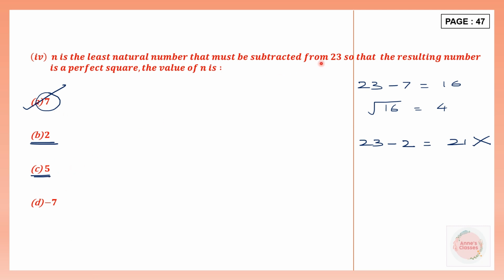So let's subtract 23 and 5. So 23 minus 5 is 18, and 18 is not a perfect square. Now let's take D, minus 7. Minus 7 is also smaller than 7, but here it clearly says natural number, and minus 7 is not a natural number. So our answer is option A, 7.